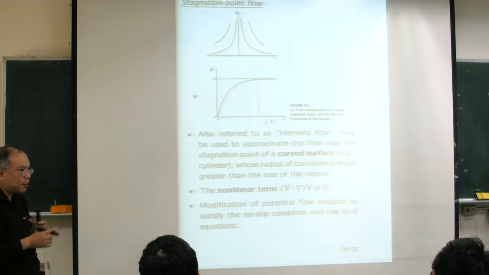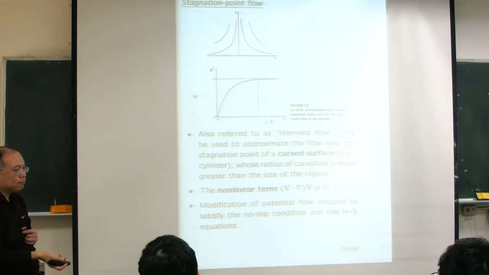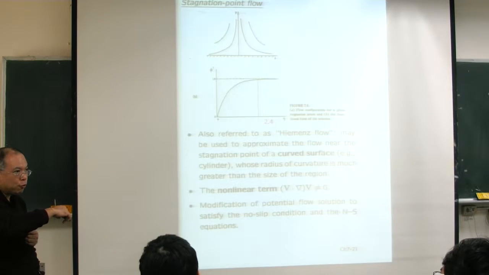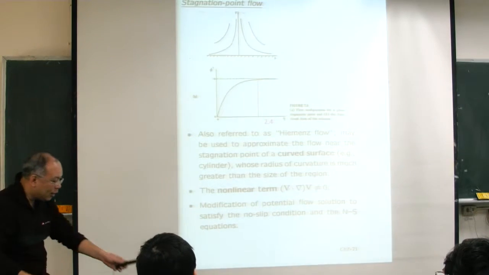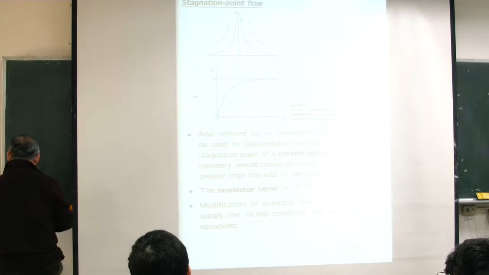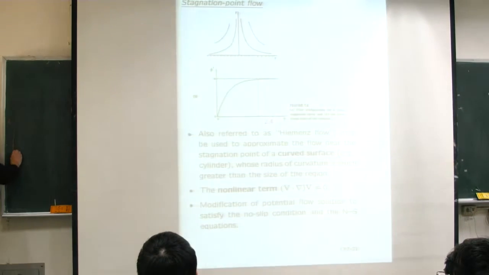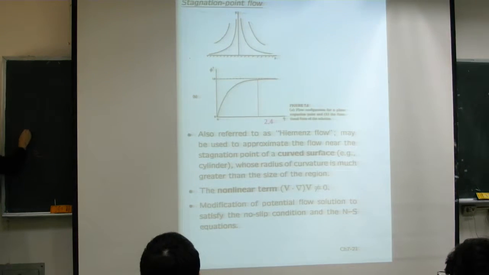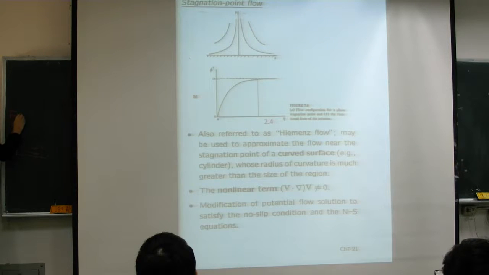Instead of solving this directly, we use what we had previously. If you remember in chapter 4, we had potential flow, and we also started with a corner flow. As you remember, we have a flow pattern like this. This is the corner flow, right? It's a right angle corner flow.